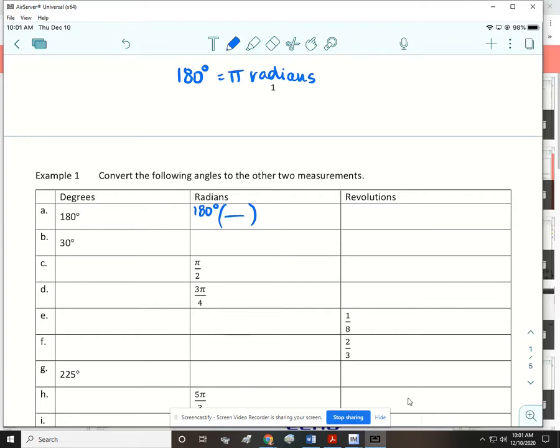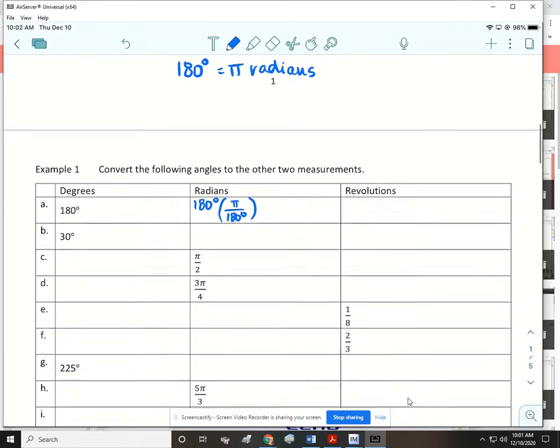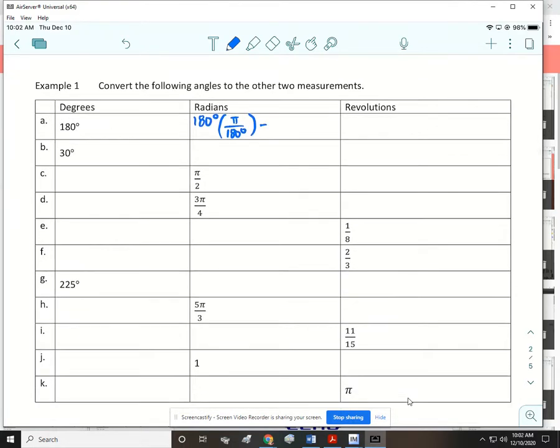Now the best thing about radians is there is no unit on it. So we don't have to put a degree symbol or write out revolution or something. All we have to do is just give the answer, which is pi.